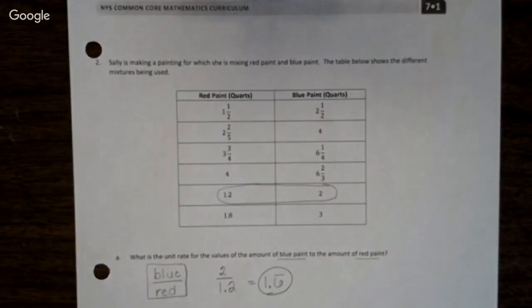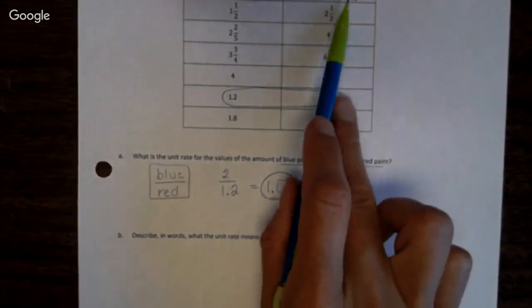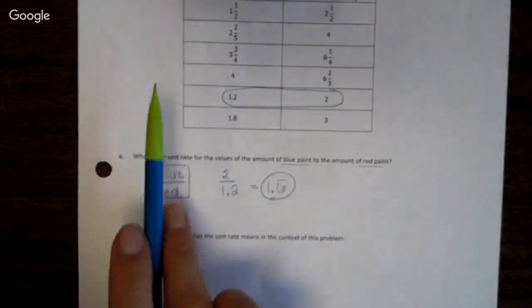So what does that mean in words in the context of this problem? So if you look at your label, that will help you determine what this means. So it's talking about the quarts of blue paint compared to the quarts of red paint.